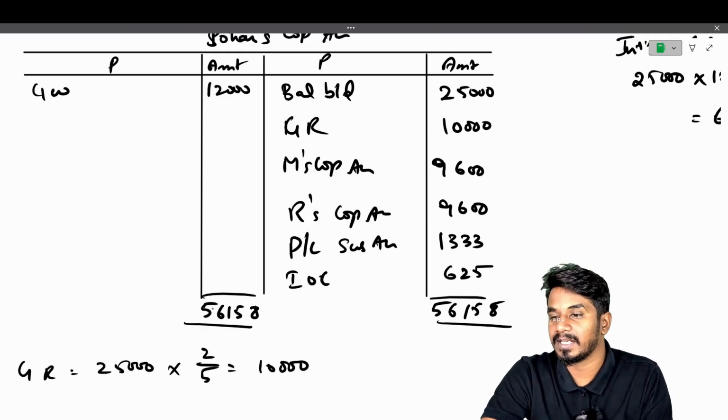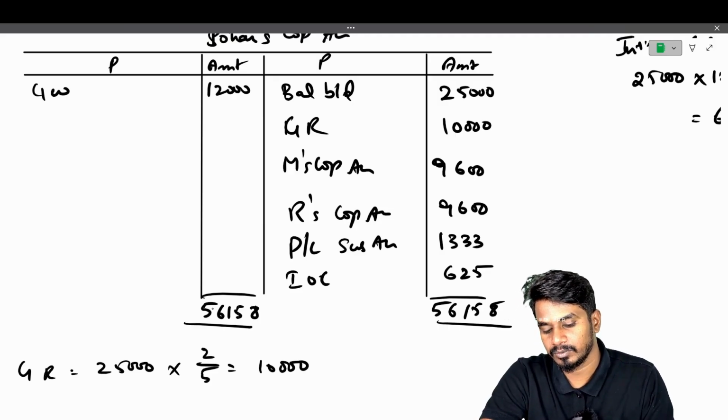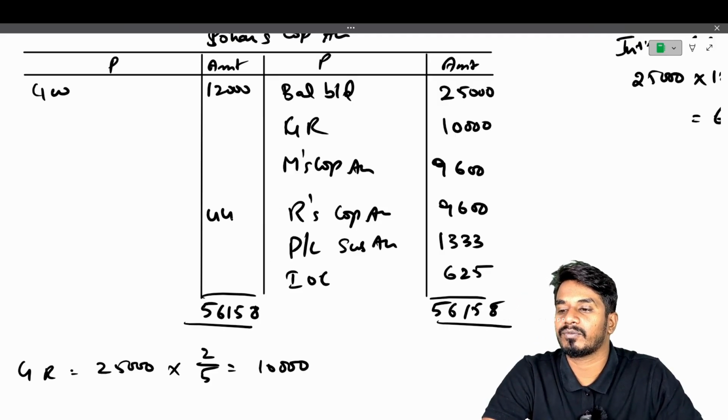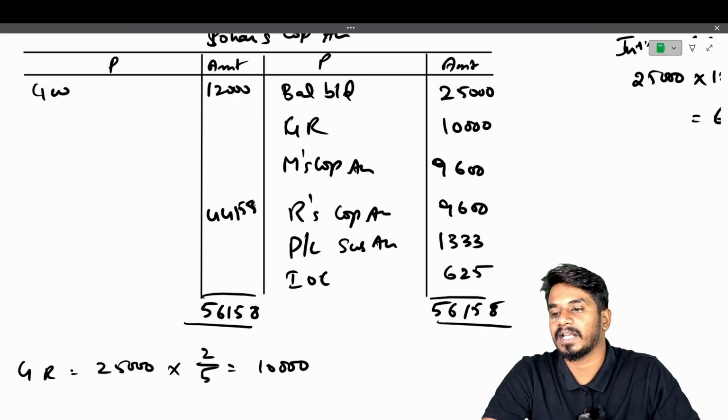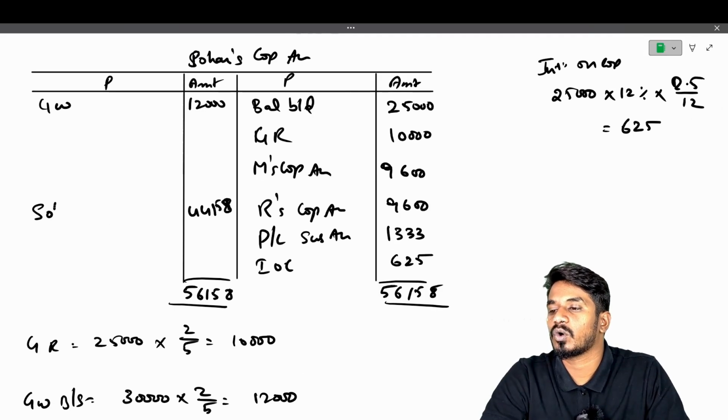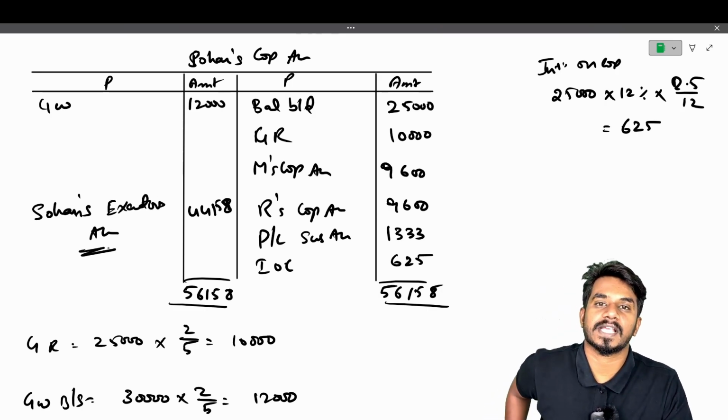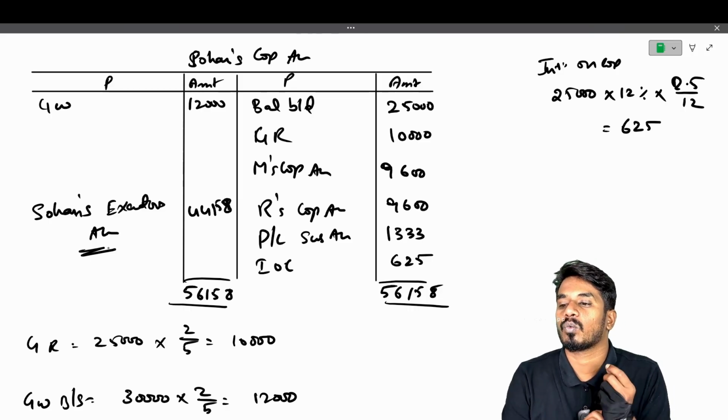So what will be the balance? Minus 12,000, it is 44,158 rupees we have to pay to Sohan's executors' account. So we will pay 44,158 rupees to Sohan's executor account.